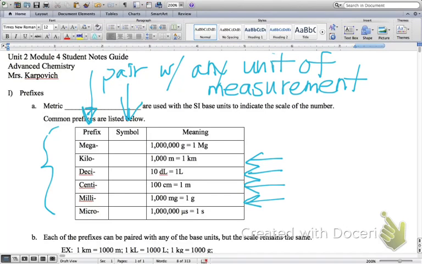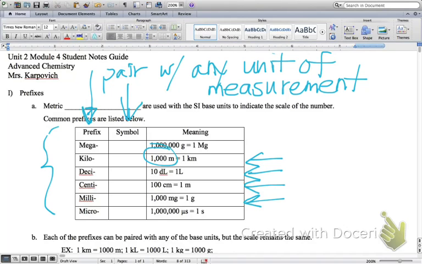Those 4 prefixes may come up on the Chemistry SOL, and they do expect you on that SOL to know what that prefix does to a unit. So for example, if I put the prefix kilo in front of meter, that automatically means that I've got 1,000 meters inside of a kilometer.